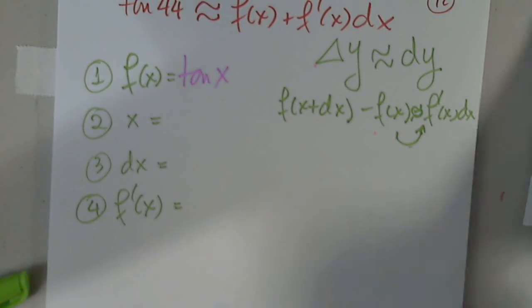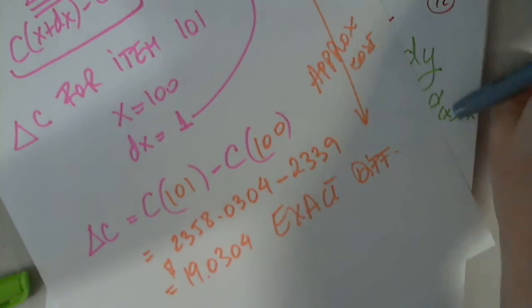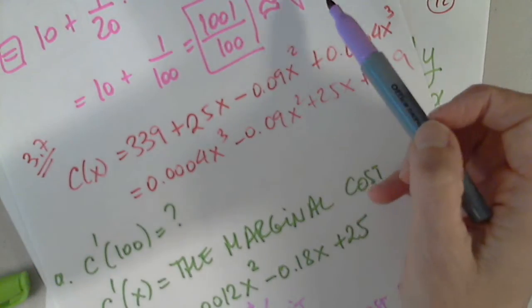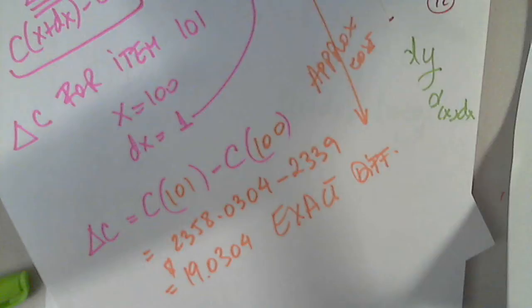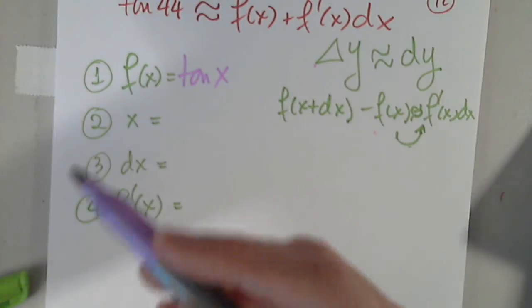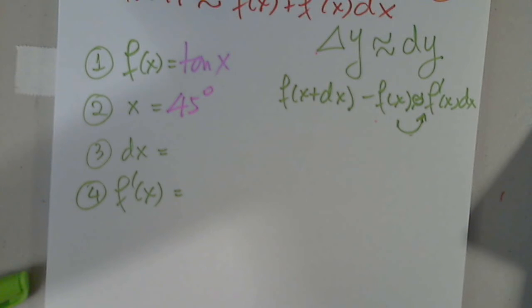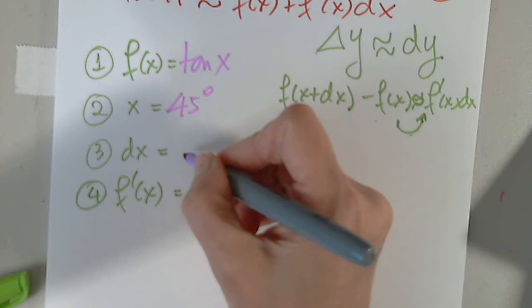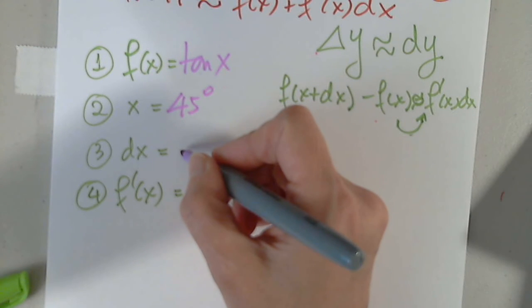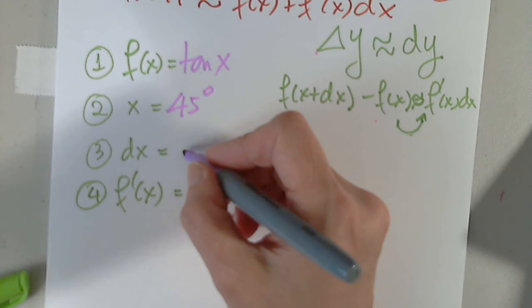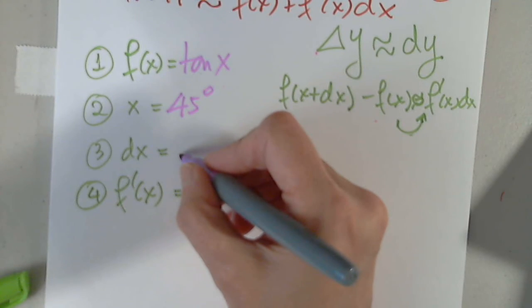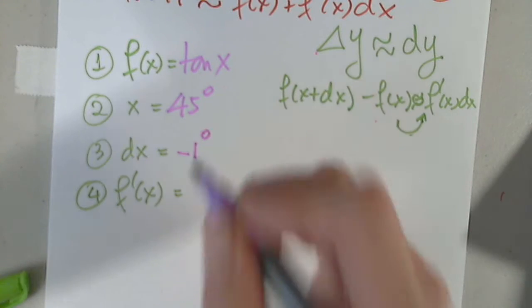Like I had 99.8, I said, oh, it's very clear, it's 100 and then 0.2. 45 degrees. Perfect. And now dx. One degree. But 45 plus 1 is not 44, but dx this time is negative 1. Very good. Awesome.